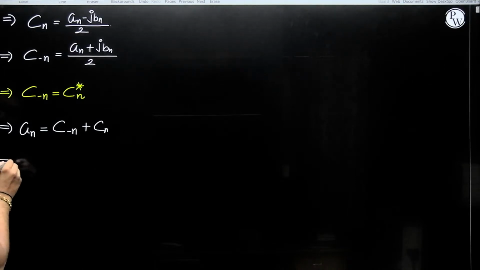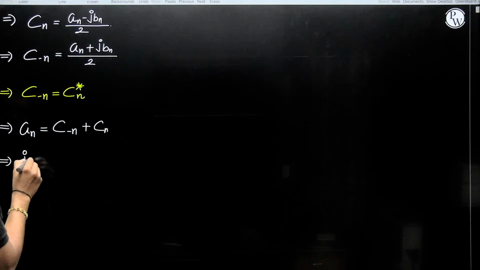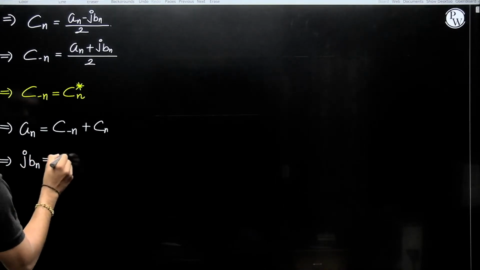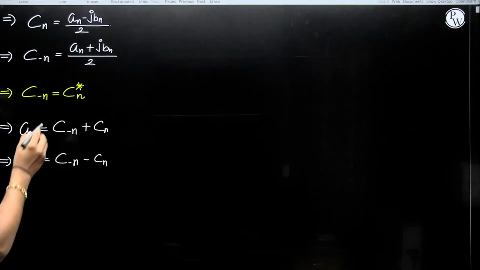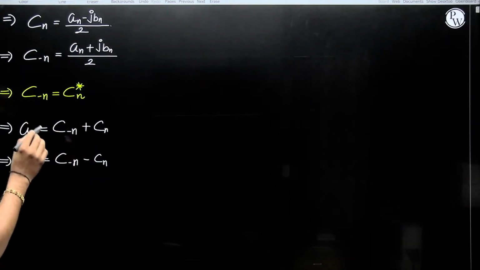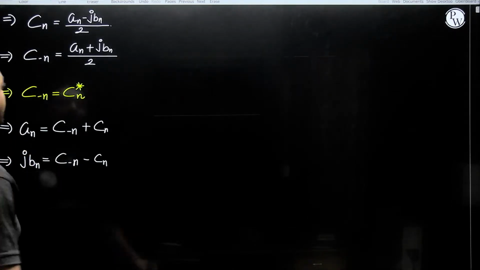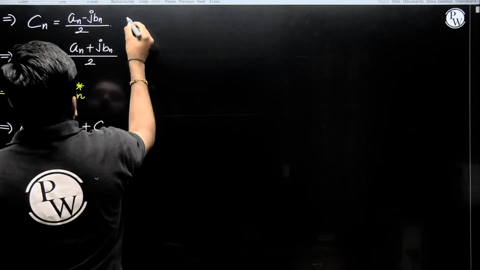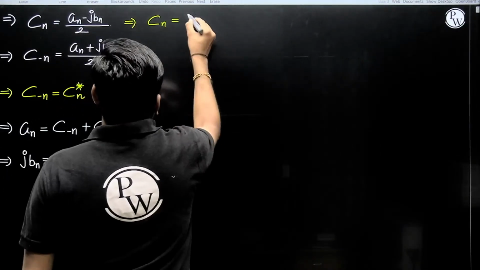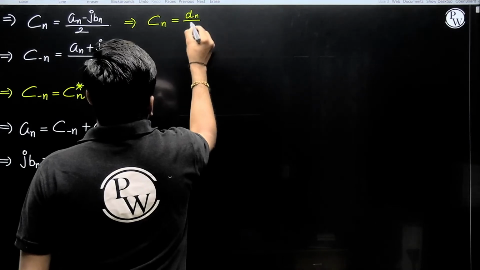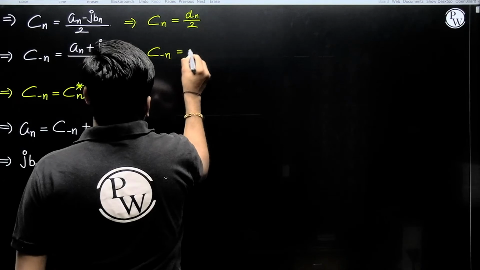And if we do the subtraction, j b n is equal to c minus n minus c n. If we have c n and c minus n, with the help of c n and c minus n, we can calculate a n and b n. Now from here guys, can we say c n is nothing but c n conjugate, c minus n is the conjugate?